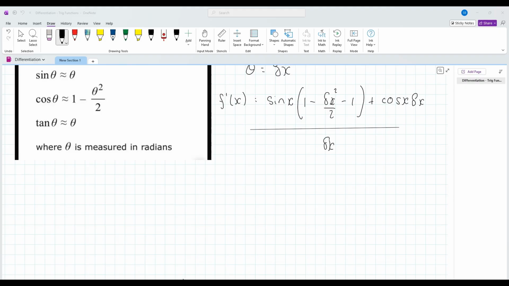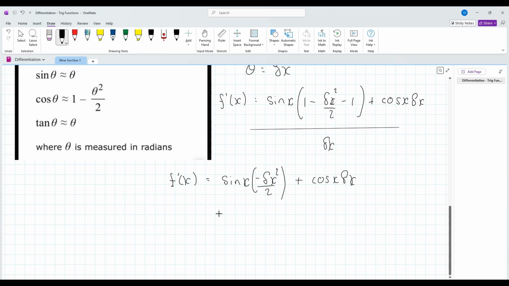Now we can simplify this slightly. So f dash of x equals sine of x. The ones in the brackets cancel, so we're left with minus delta x squared, plus cos x delta x, and this is all over delta x.